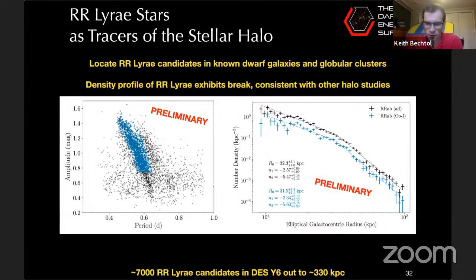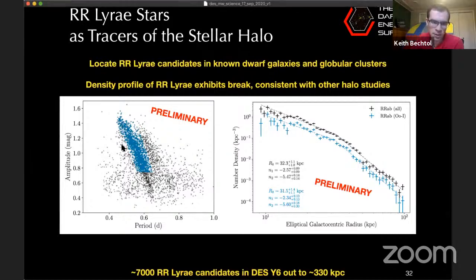Other applications would be to measure the density profile of the RR Lyrae stars, again, because they're excellent distance indicators and they're bright enough that you can see well out into the halo. You can basically use these to measure the density profile.